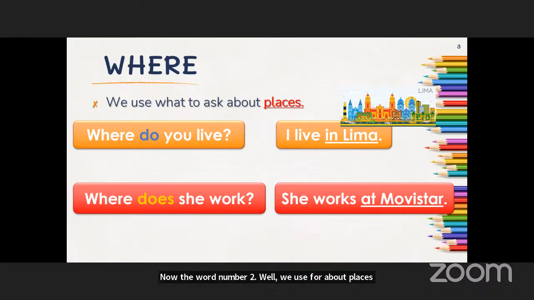Where significa dónde, y utilizamos esta palabra cuando necesitamos obtener información relacionada a lugares. Where, ¿dónde? Lugares. In the example number 1, where do you live? ¿Dónde vives? Okay, so the answer is I live in Lima. I live in USA. I live in Ecuador. I live in Guayaquil. I live in Daule.